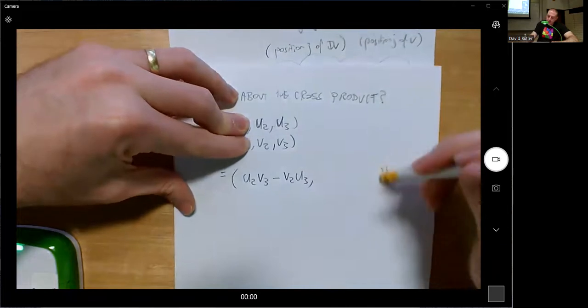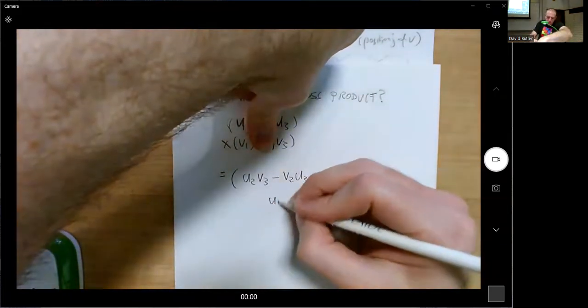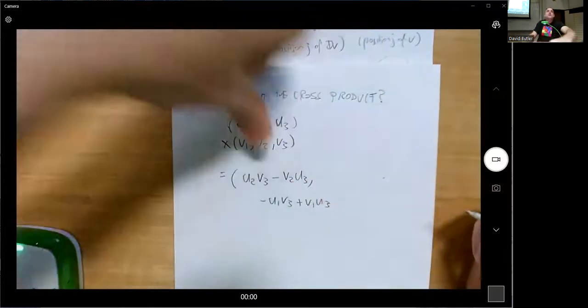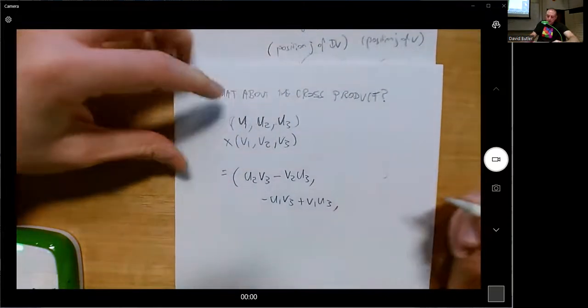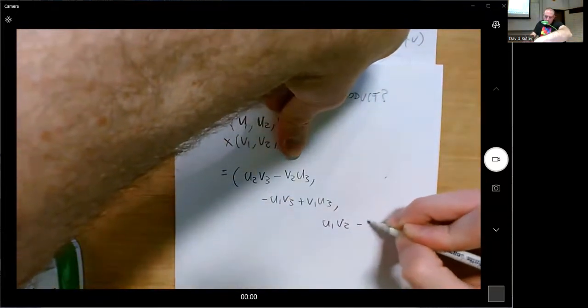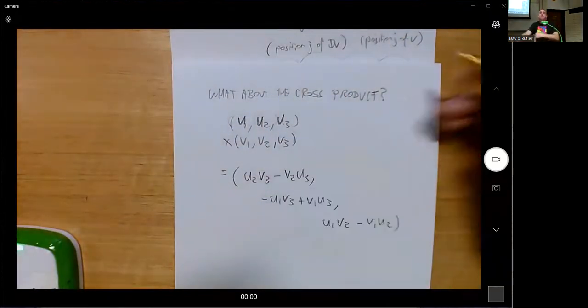And then the second coordinate will be U1 V3 minus V1 U3, except I'll have to negate that because it's in the middle. And then the third one will be U1 V2 minus V1 U2, like that. That's the cross product.